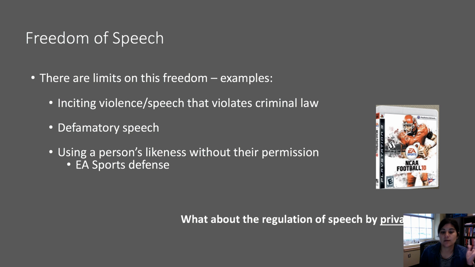So you might be thinking, what about the regulation of speech by private entities? We know that state actors cannot limit or regulate speech by individuals, but you might be thinking, how does this work for private entities and the policies they have surrounding speech?